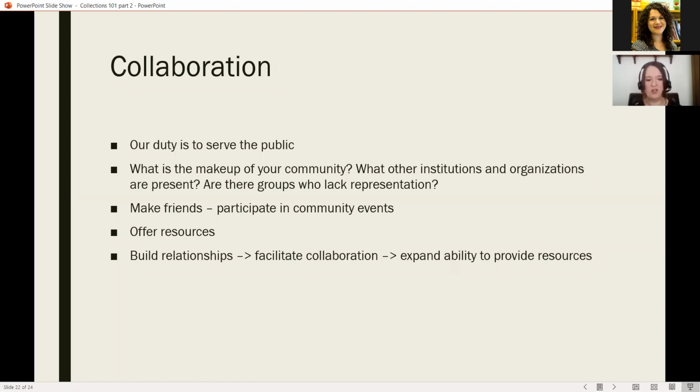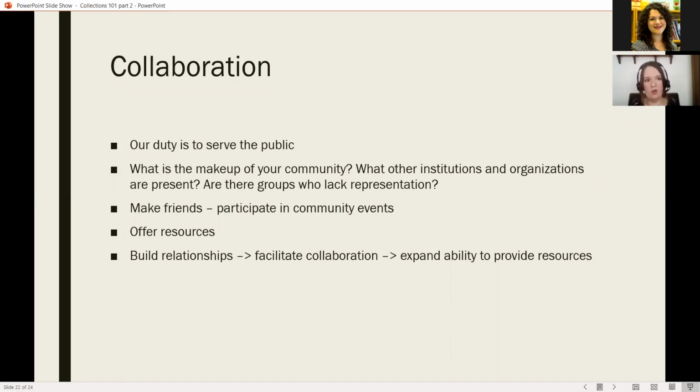But you want to show that you're there in the community, because you are community members, aside from being a pillar of an institution. And so you want to show yourself at community events as a community member and as a representative of your institution, and make sure you're just present and a friend.